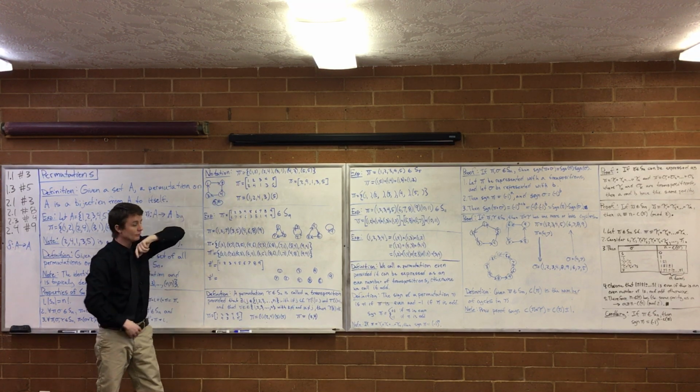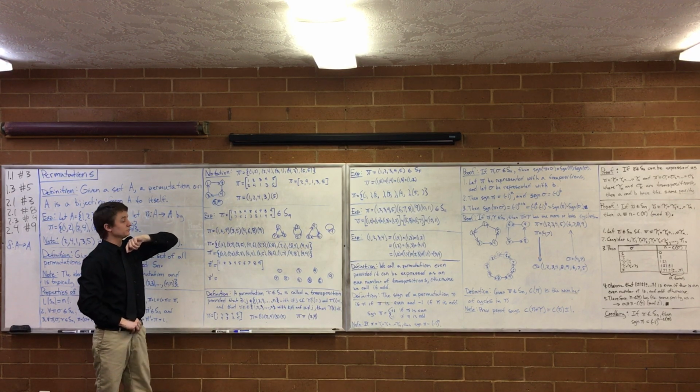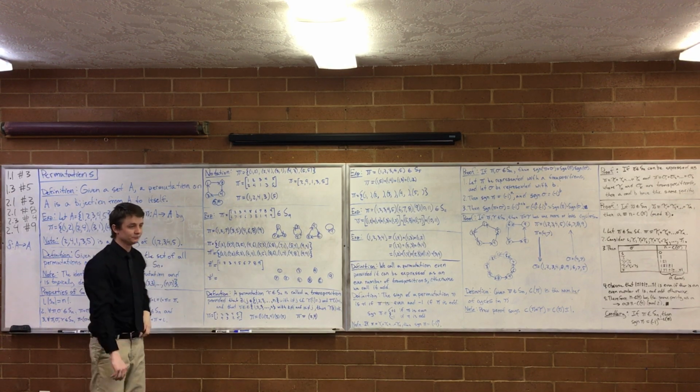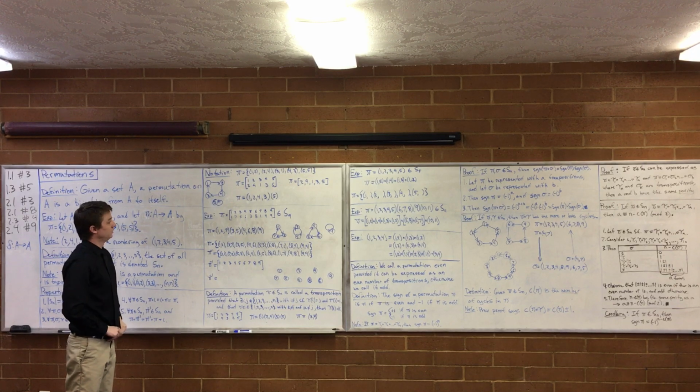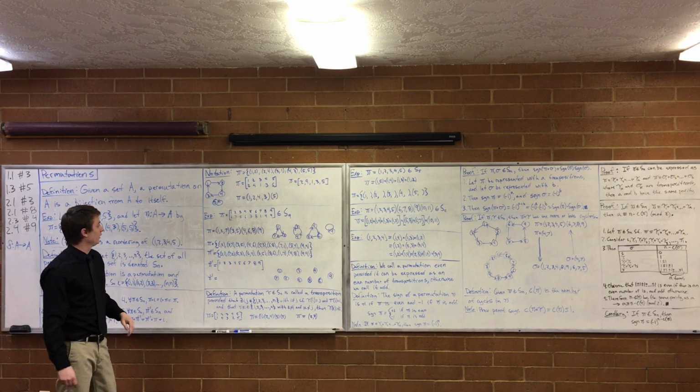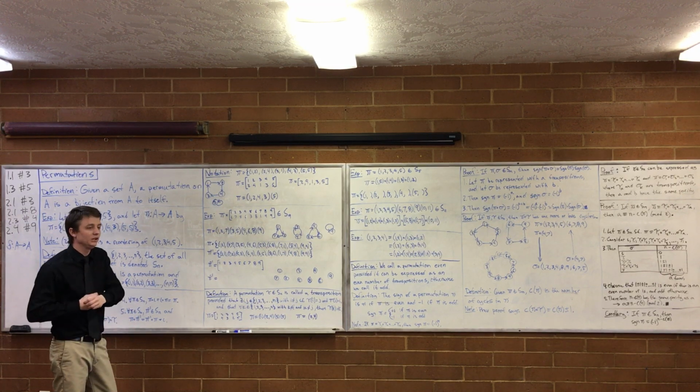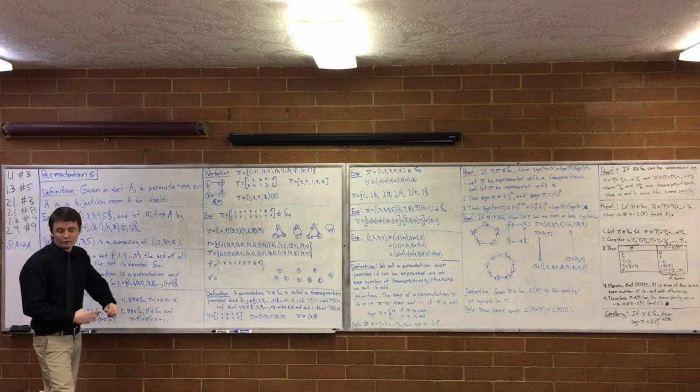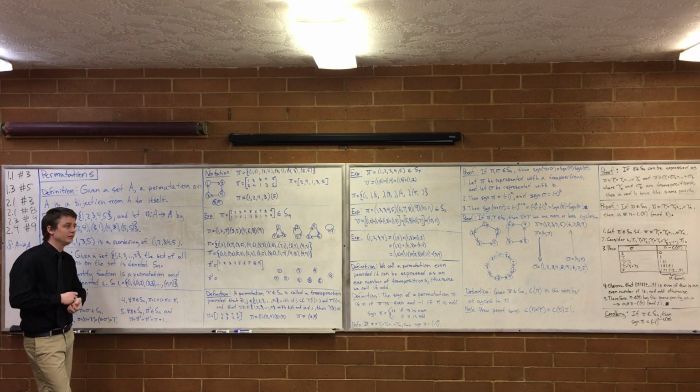Are those permutation graphics useful for reasons other than just understanding? Yes, very much so. What do you use them for? Well, we'll see a proof that we're going to do with them when we get there. Unfortunately, we're not doing the next section, which is getting into symmetries, but it's useful in symmetries.